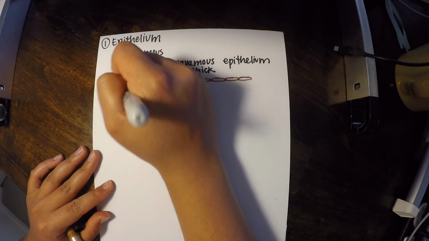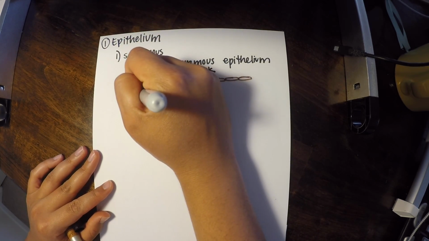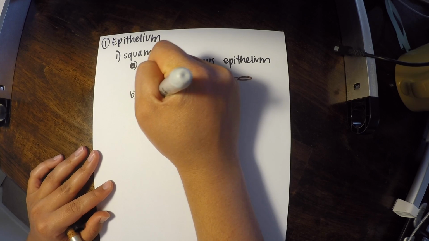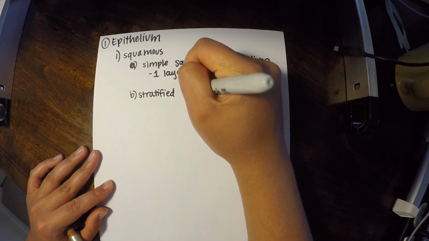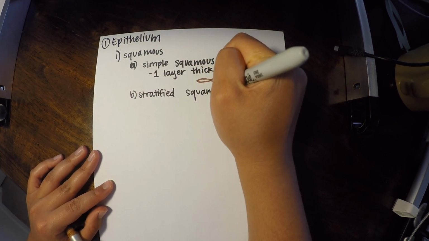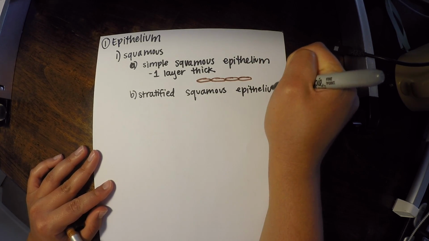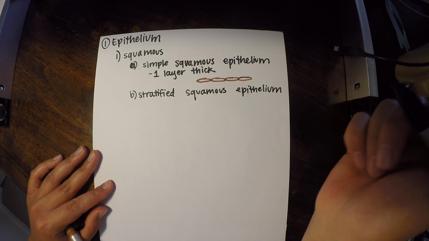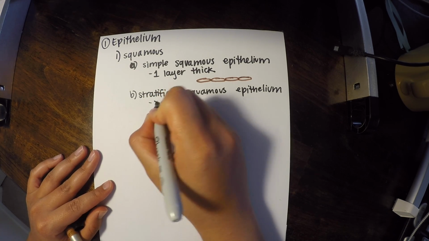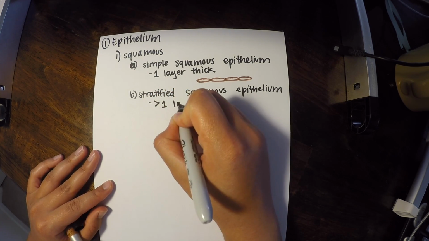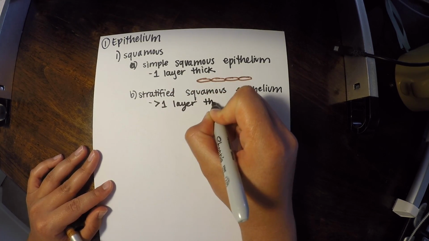Now let's look at the second type. It is stratified squamous epithelium. Remember that stratified just means it's more than one layer thick.